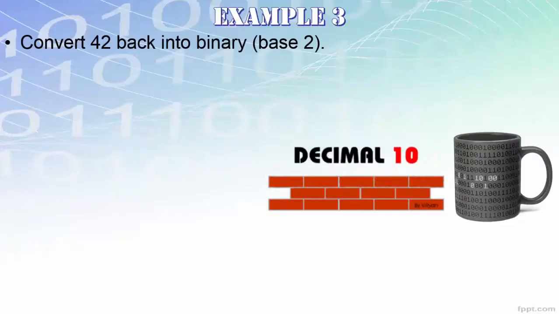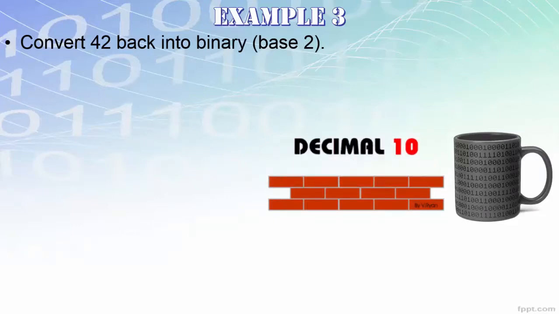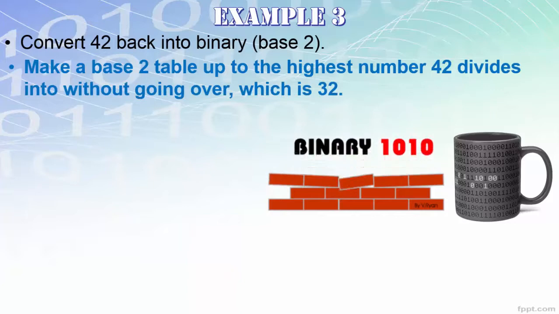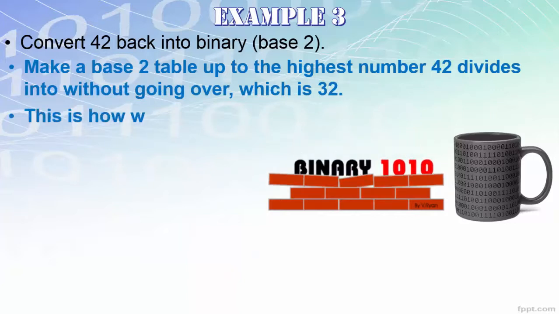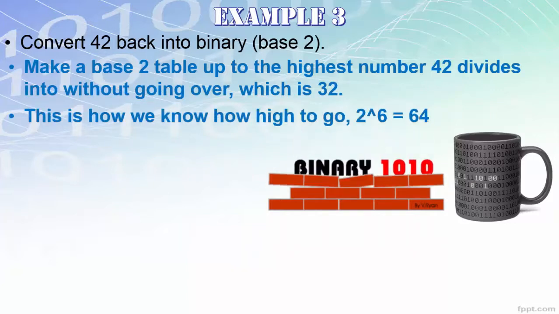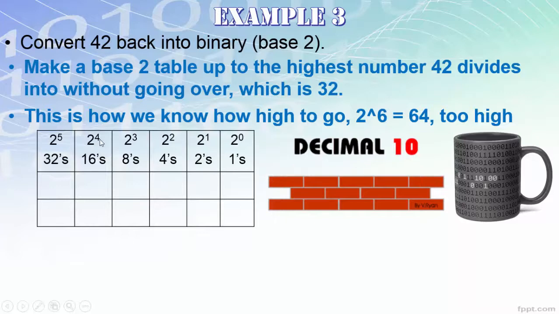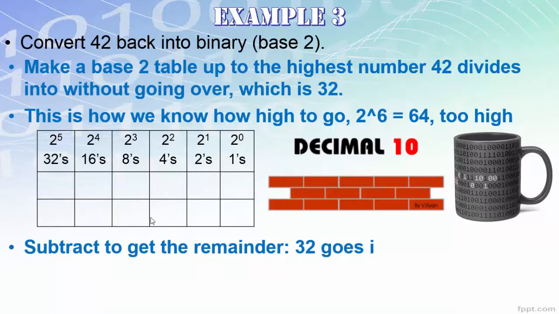Now, in reviewing what we just did on the whiteboard, we made a base 2 table up to the highest number 42 divides into without going over, which is 32. This is how we know the highest number to go up to, because 2 to the 6th is 64, and we know that's too high. So we make our table, and we subtract to get the remainder.